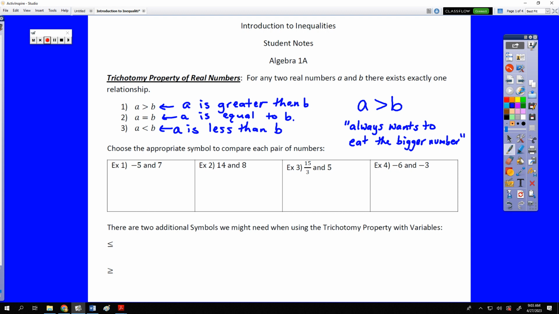So the first thing we've got to be able to do is correctly use these symbols. Those three symbols could be used to compare any two numbers. For instance, in example 1, if we look at negative 5 and positive 7, which of those two numbers is bigger?